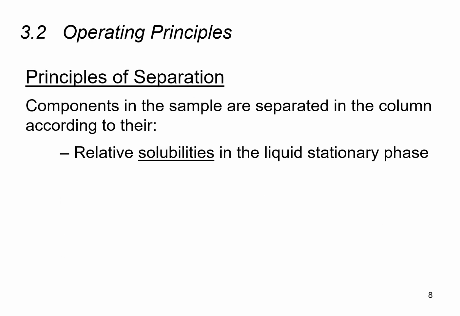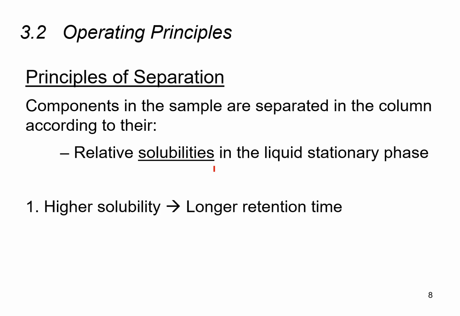Now, components in a sample are separated in a column based on their solubility in the stationary phase. Now, this is not a lot different from saying that the various components have preferences in terms of interaction with the stationary phase. So if these components have higher solubility in the stationary phase, then therefore they will interact more with the stationary phase and have a higher retention time.